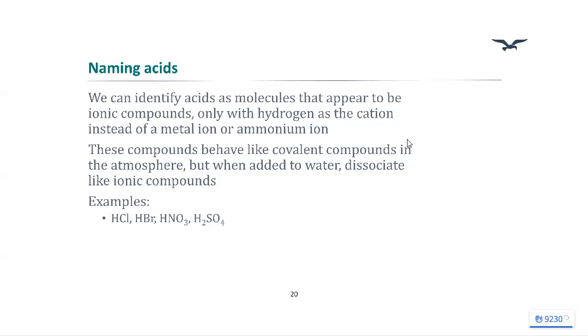Acids we can identify in a couple of ways. One way that we can do it is by looking at it and seeing that it appears to be ionic. So it's got a polyatomic ion on it, but the cation is hydrogen.